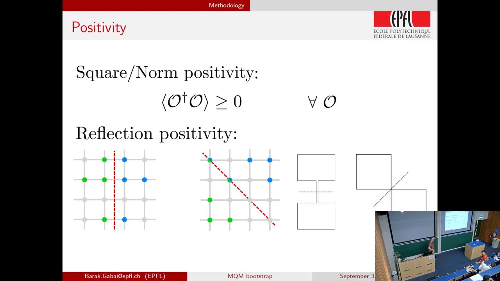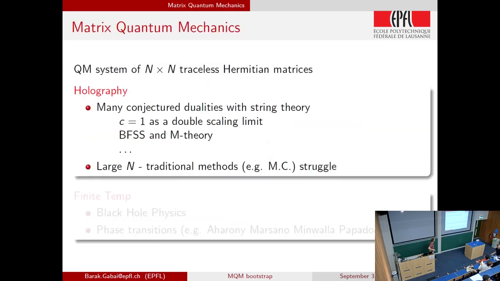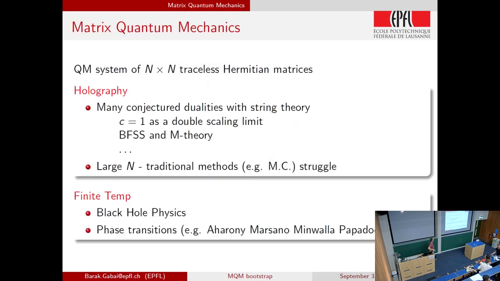As far as I know, in the c equals 1 model, it's still unclear whether you have black holes at all. So can you say anything about it using your results? Oh, sorry. I think c equals 1 will be the harder one, actually. BFSS might be the easier one, because in c equals 1 you have to take this double scaling limit. Now I cannot say anything, of course.